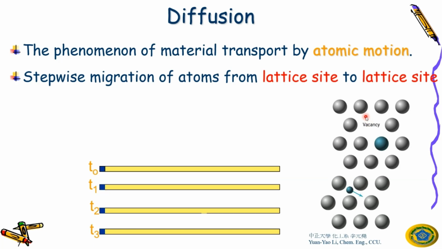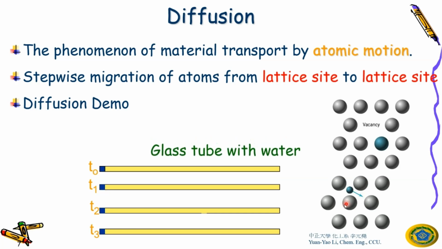So there are 2 types. One is this, we call this vacancy, right? And this is interstitial. There's a kind of diffusion demo. I'm sorry, I don't have time today. But anyway, I just want to show you this case. If you have a glass tube with water, and you have a drop of ink, and you put it in at the end. At time 0, it looks like this.